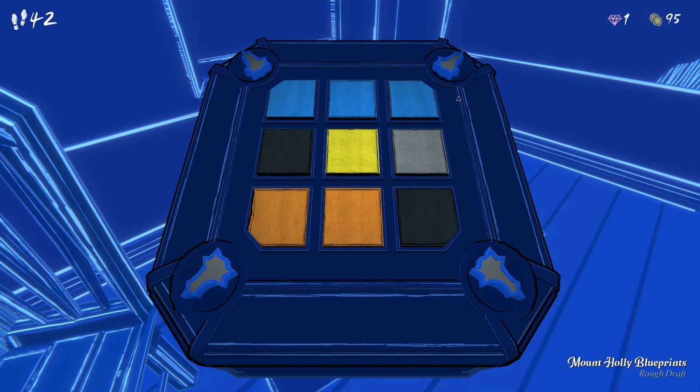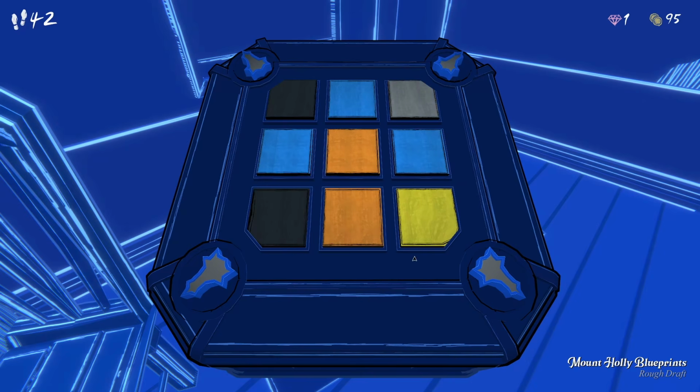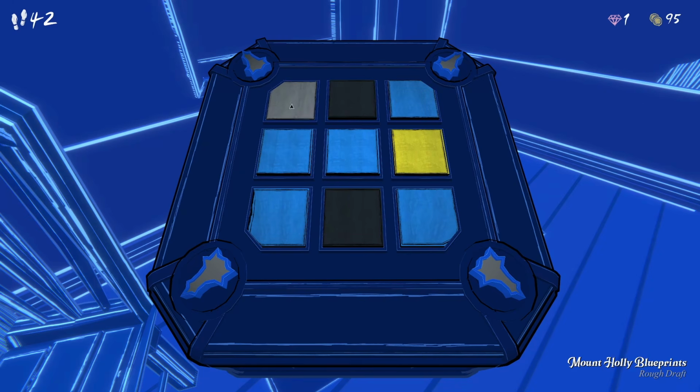But then they all push to the front, so I don't know if that's the right move either. If I make these all blue, it gives me a better chance with this one to then flip that. If I do that, then I could turn this.